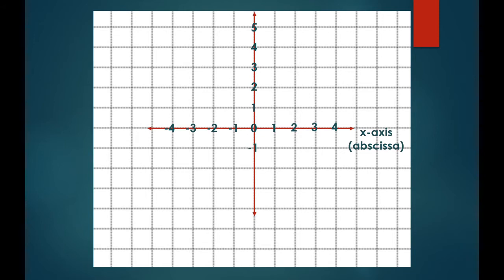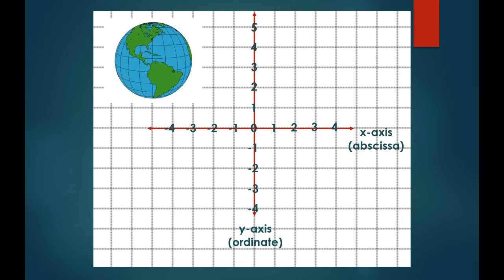Downward, it will become negative. So negative 1, negative 2, negative 3, negative 4. This is called the y-axis or the coordinate. So tandaan nyo mabuti yan na x-axis yung horizontal, y-axis yung vertical. X-axis yung pahiga, y-axis yung patayo na linya.